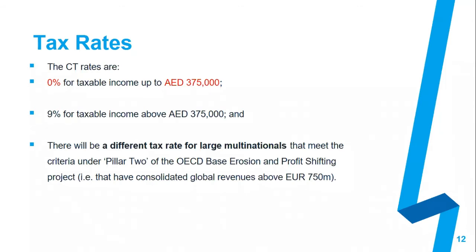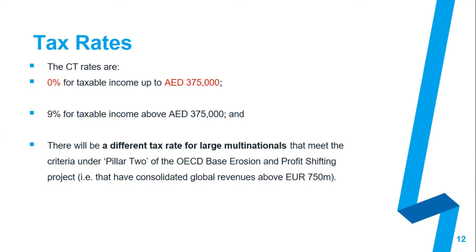But here is another important point, that is for large multinational organizations, and we have said that is Pillar 2. Basically, Pillar 2 means for small entities, you can reduce the tax, like in certain cases 0 and in certain cases 9.